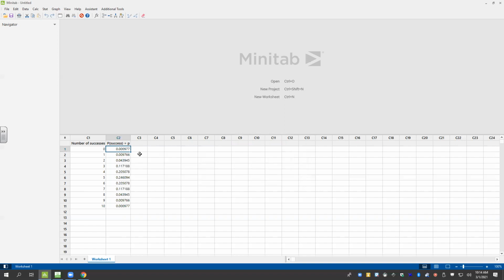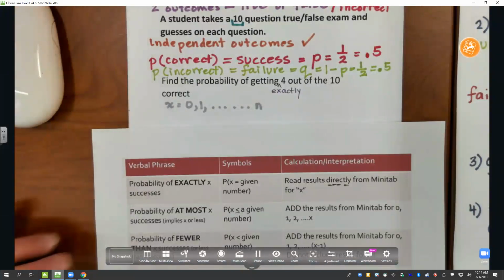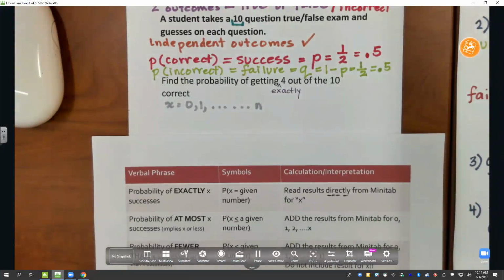And Minitab is programmed with the yucky looking formula, and it calculates those probabilities and gives them to you. Okay. So then I'm going to go back to my question, and I'm going to get my table. Okay. So let me make you a few quick notes here.